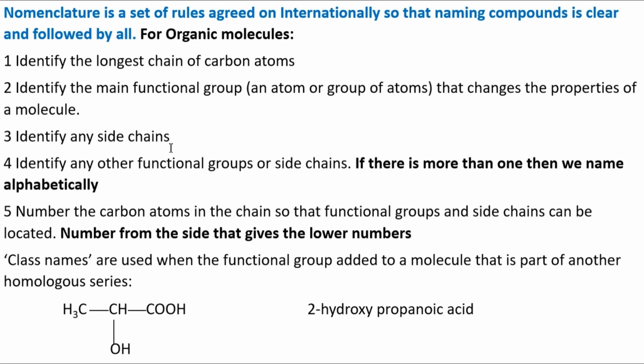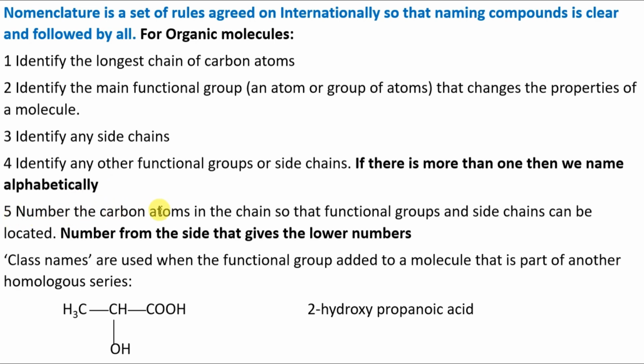By that, we're looking at any other carbon atoms present in the molecule that are not part of the longest chain of carbon atoms. And then identify any other functional groups or side chains. If there's more than one, then we name alphabetically.